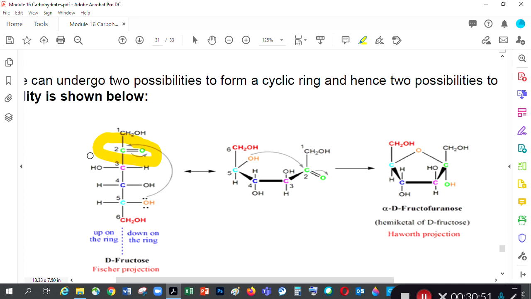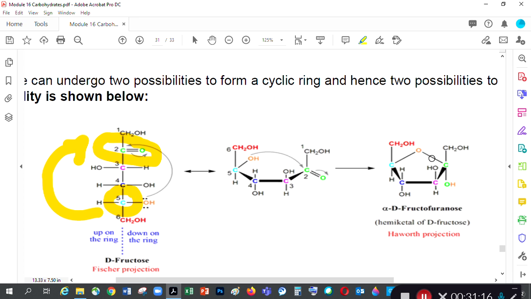Now I want to make this one here a cyclic one, correct? I connect number 2 with number 5, as you see. So number 2 and number 5 are connected. And if you look at the number 5 here, connected to number 2, the OH will come out, see here.